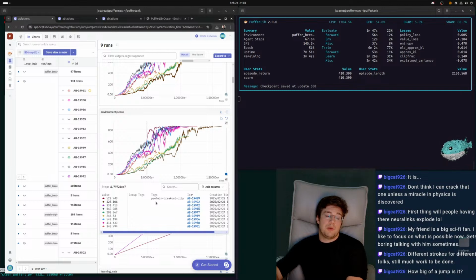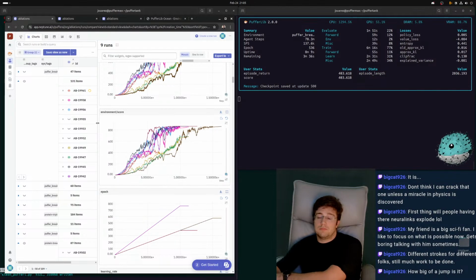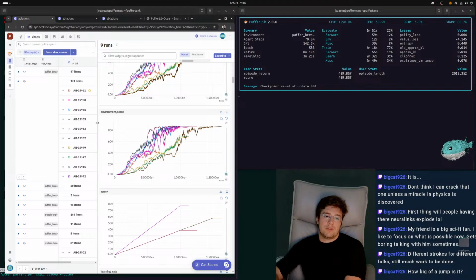You no longer have to sweep two hyperparameters. That's the cool thing.